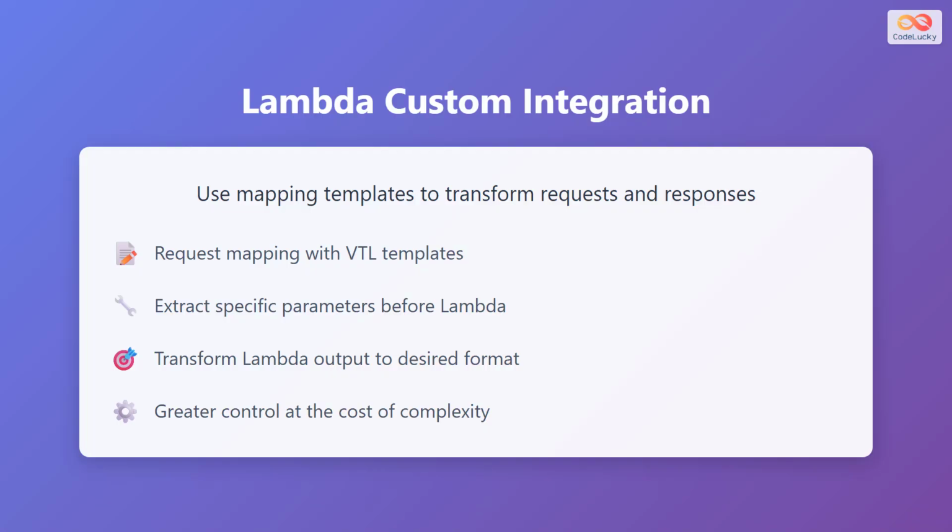This approach is beneficial when you need to adapt existing Lambda functions to work with specific API contracts, or when you want to keep your Lambda code decoupled from API Gateway specifics. However, the trade-off is increased complexity, as you need to write and maintain mapping templates in VTL, which adds configuration overhead.